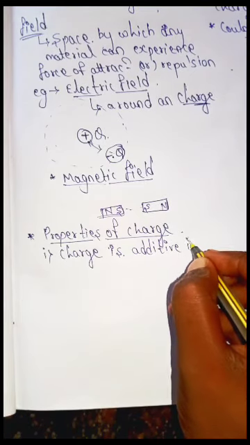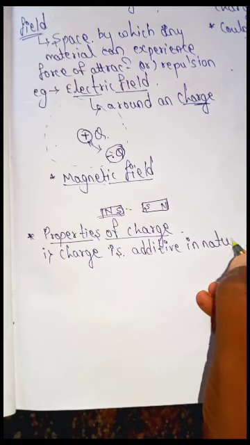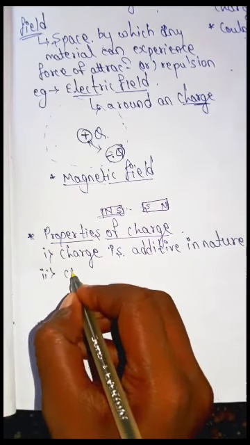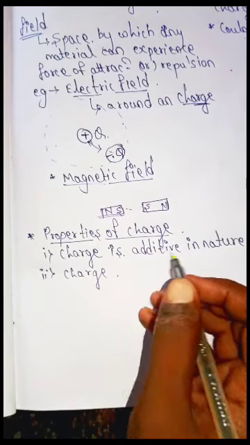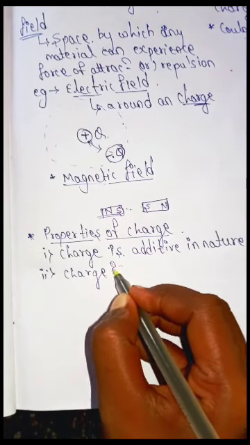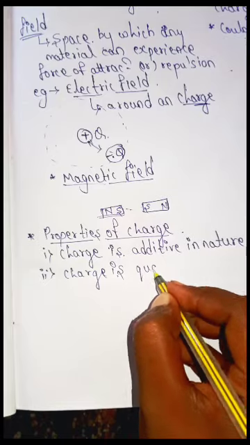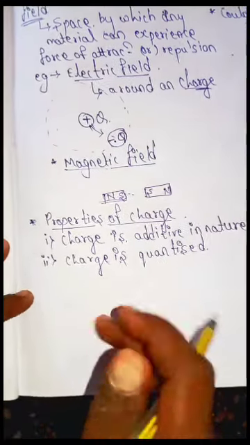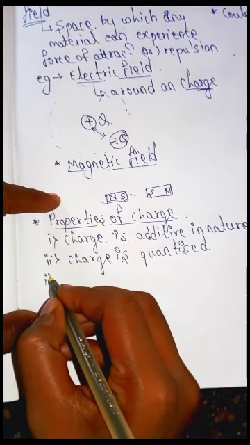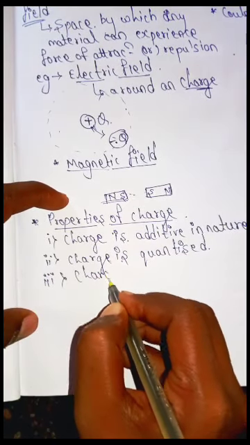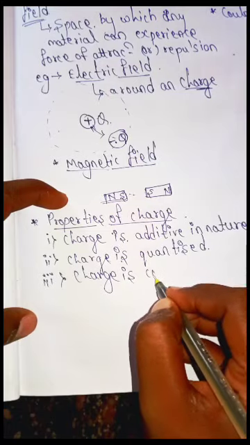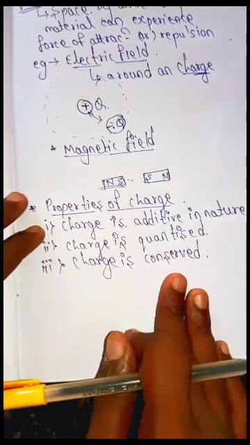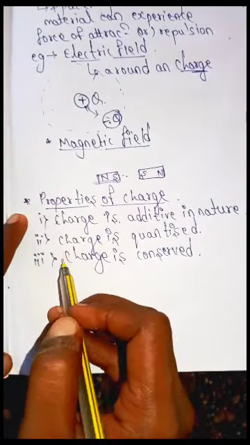Charge is quantized, and the last one is charge is conserved, right? So let us know one by one.